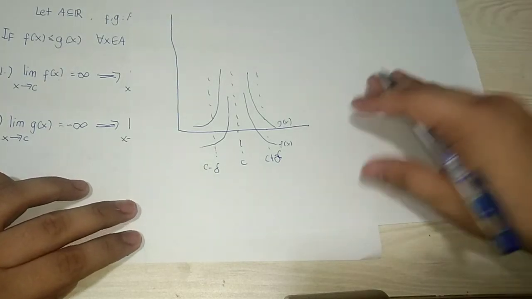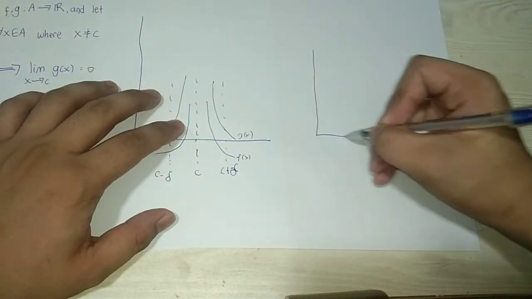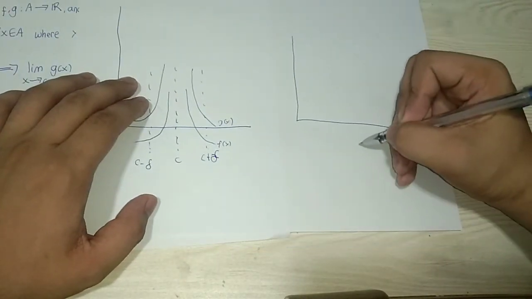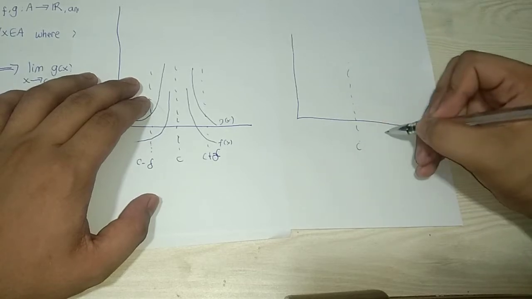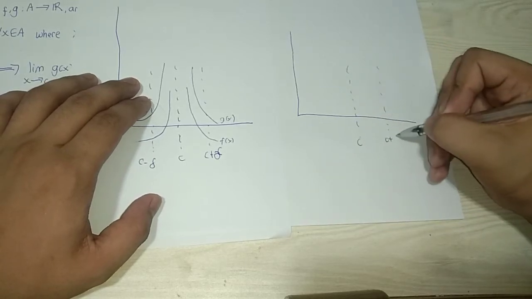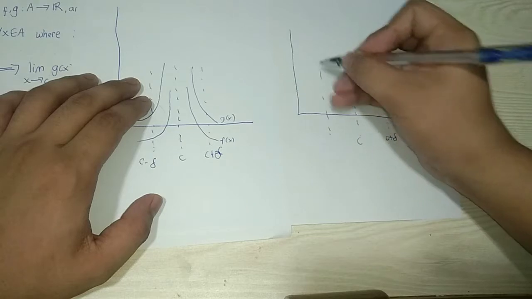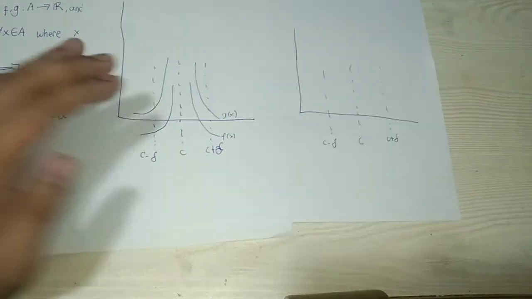Okay? Then, sa second case naman, okay, so let's say we have C plus delta, and then C minus delta.